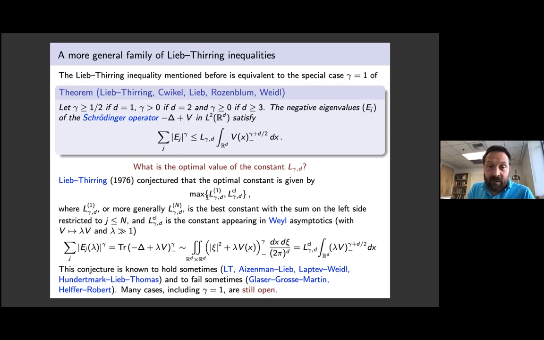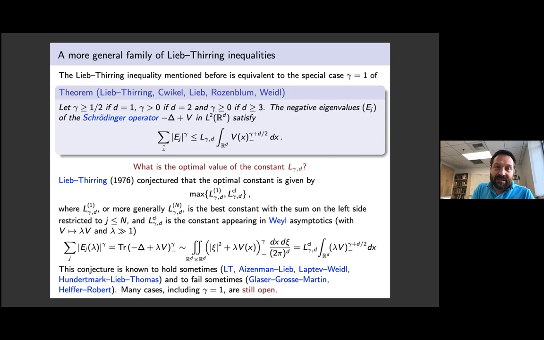And the conjecture says that the optimal constant is the maximum between the 1 particle constant and the semi-classical or classical constant. So what is this? The 1 particle constant, I guess you have already an idea of how one could define that.